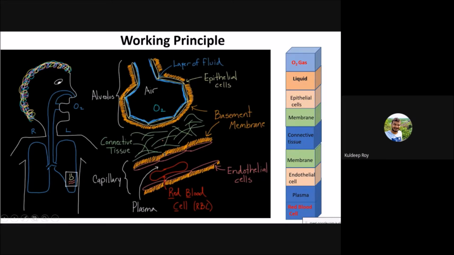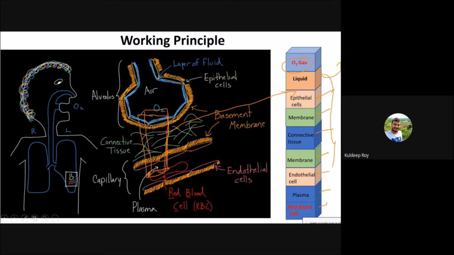To determine how oxygen will flow, we have made it in terms of cubes. This is your cube, and the same thing I have pictured in this format. This will be your gas film, oxygen gas will be there, and the rest will be liquid: one liquid portion, second, 3, 4, 5, 6, 7, 8.